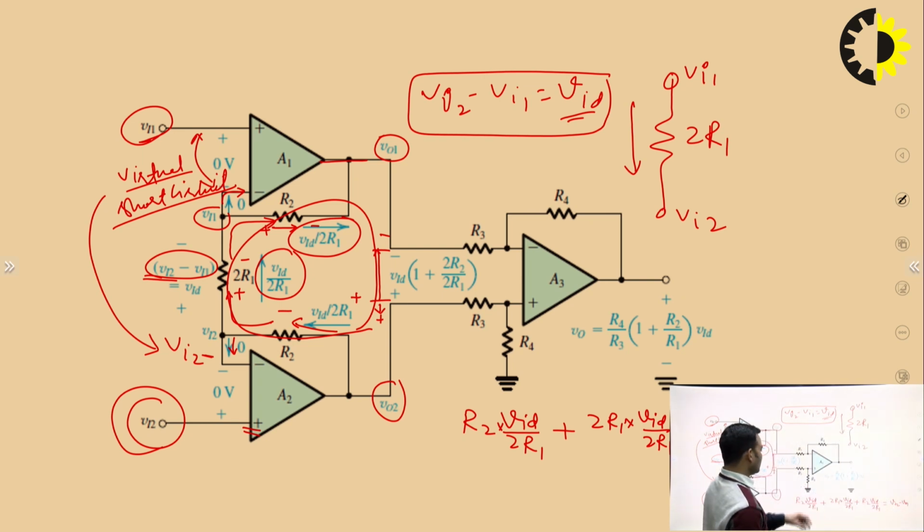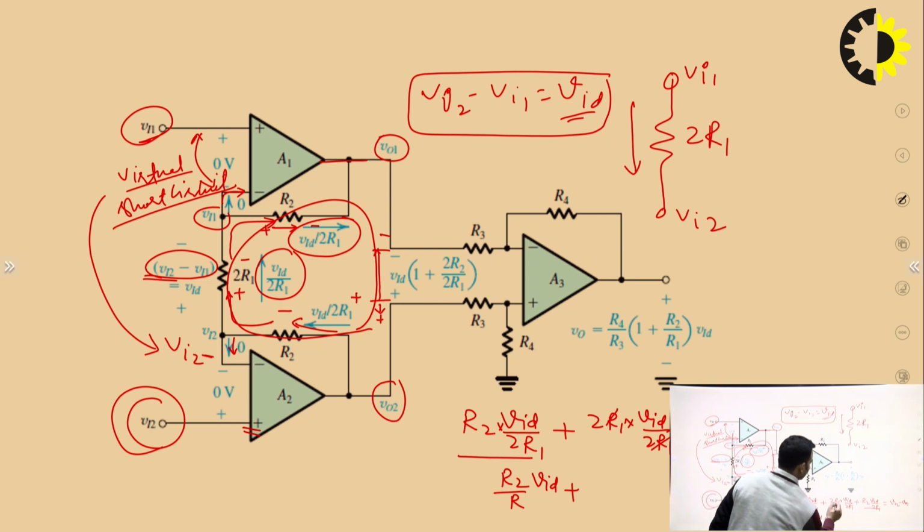So, if you add these, it will become R2 Vid upon R1, plus R1 is cancelled with R1, plus Vid.